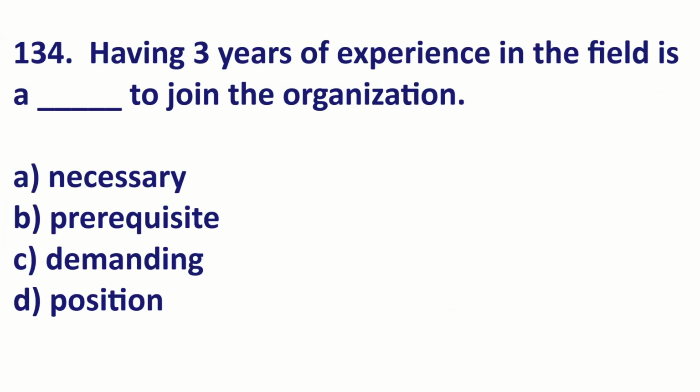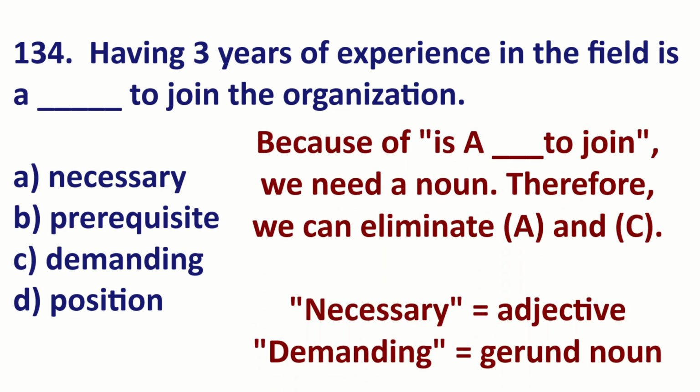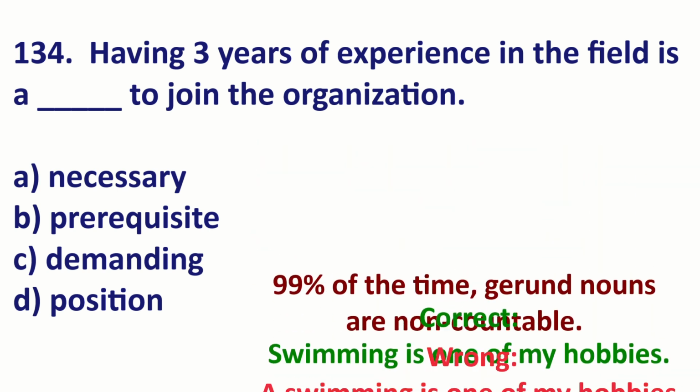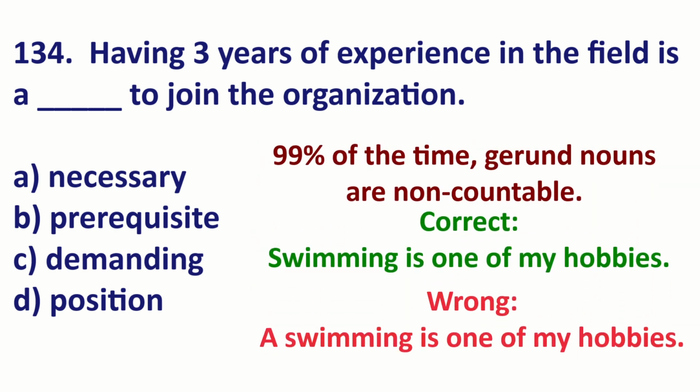134. Well, immediately we can eliminate A because necessary is an adjective, but we need a noun because we have a. So let's eliminate A. Next, let's eliminate C. Demanding can be a gerund noun, but gerunds are not countable.